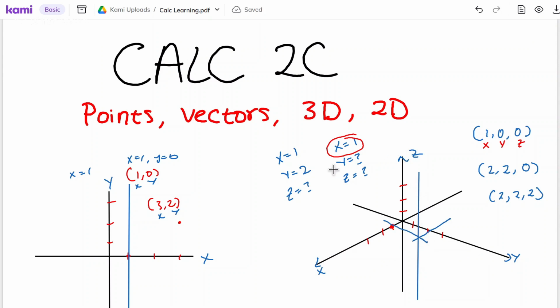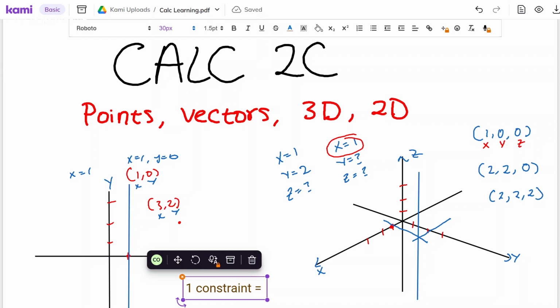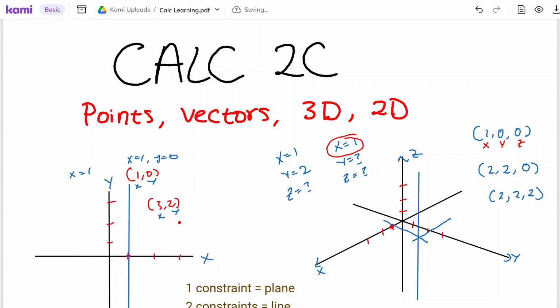And as you can see, the z is not constrained, so it can go all the way from negative infinity all the way up to positive infinity. And I'm going to write it down. When there's one constraint equals a plane, and 2 constraints equals a line. And this is in 3D, remember.